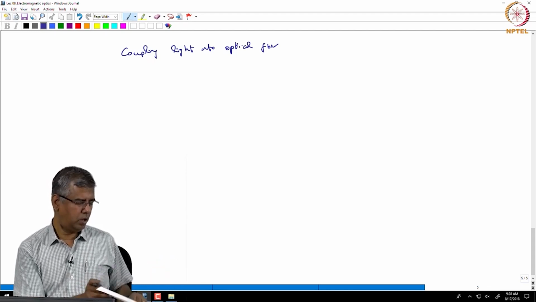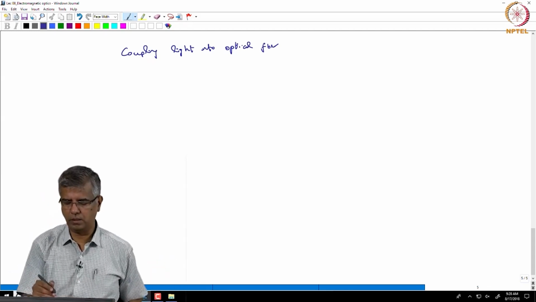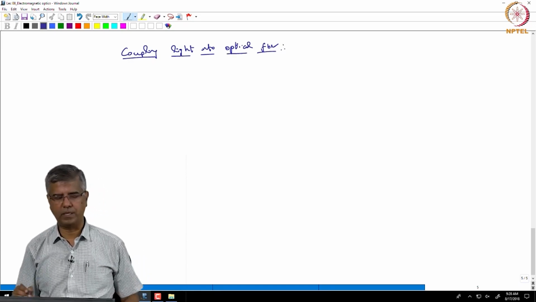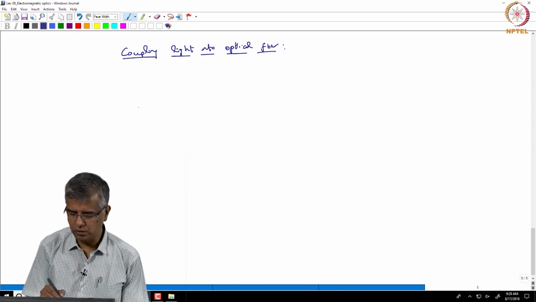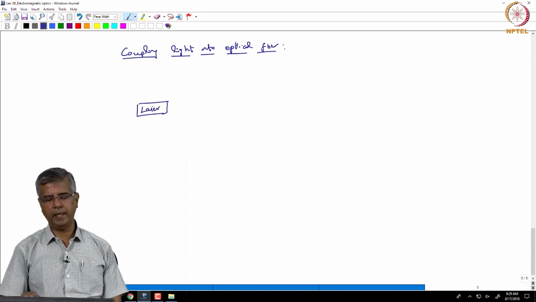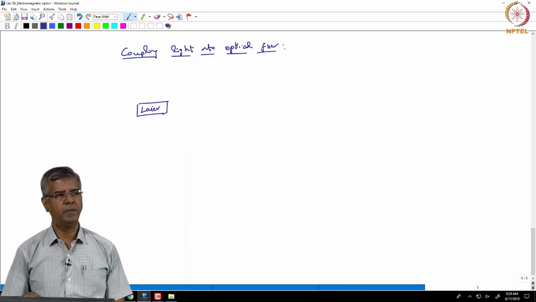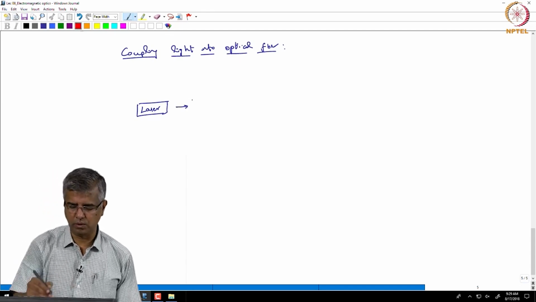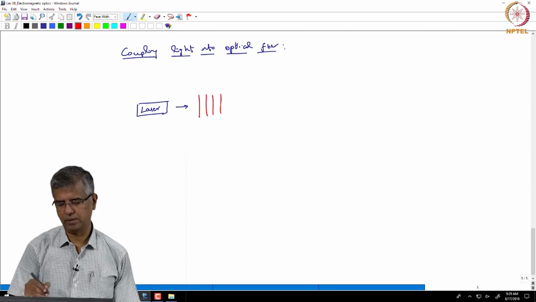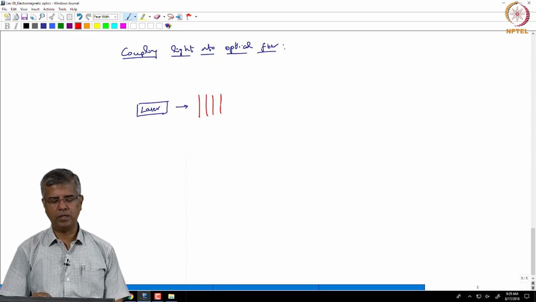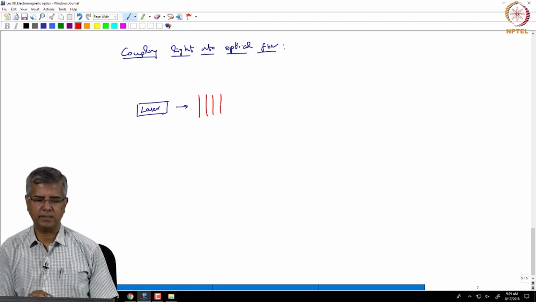So what we normally do is, let's say we are coupling a laser light into an optical fiber. So you have a laser, let's say it is emitting close to plane waves. So what comes out of that is these plane waves, and it comes out with a particular radius.